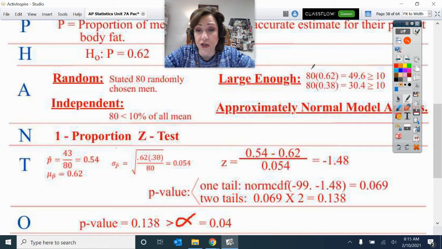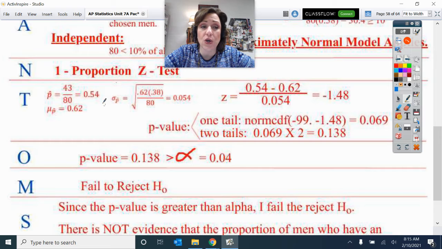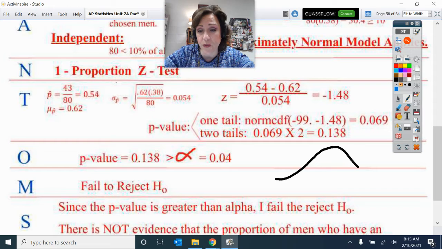Making sure that 80 times 0.62, the true p, is large enough, so approximately normal, and it's a 1 proportion z-test. When I get this z-score, p-hat minus p over the standard deviation, I got negative 1.48. So if we think about it, I get a z-score down here.